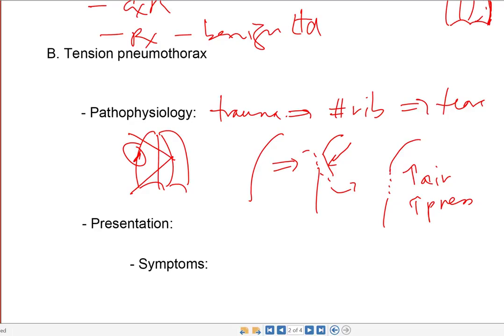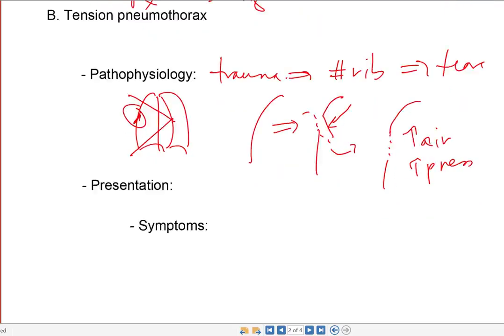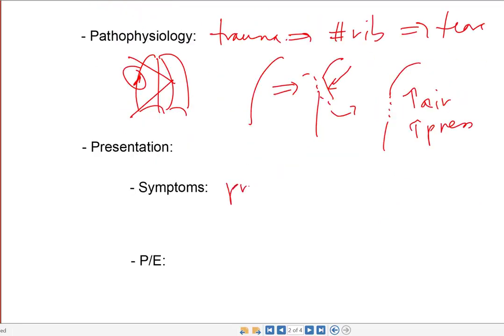The natural history then is one of progressive shortness of breath. And because it's a flap valve, it can continue and lead to respiratory failure. So it is a life-threatening disease.